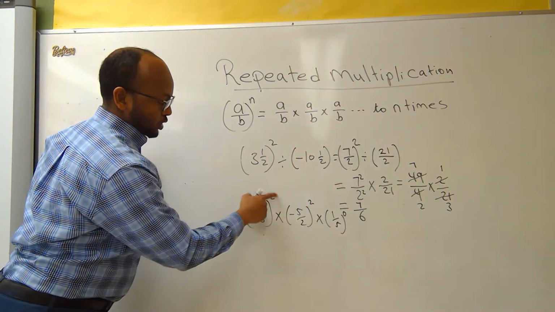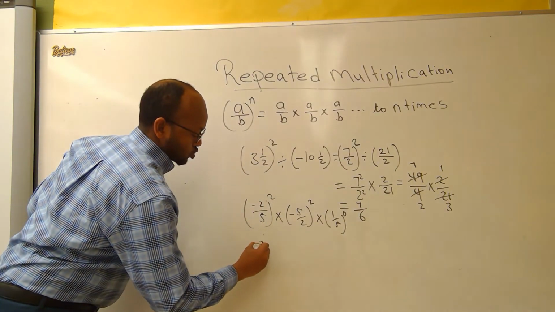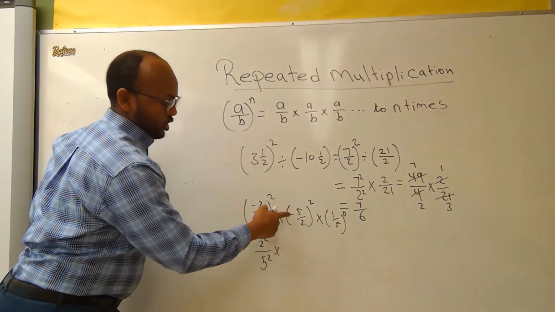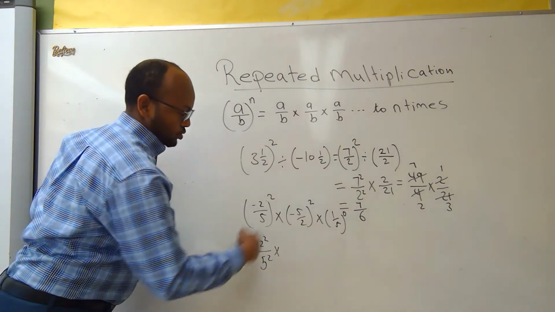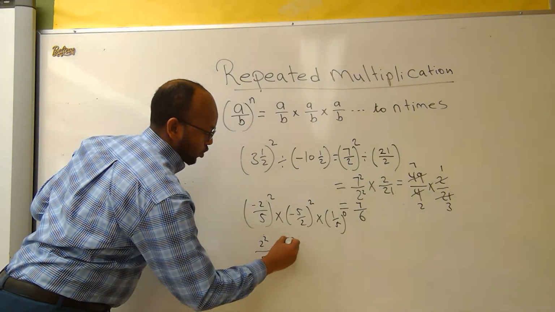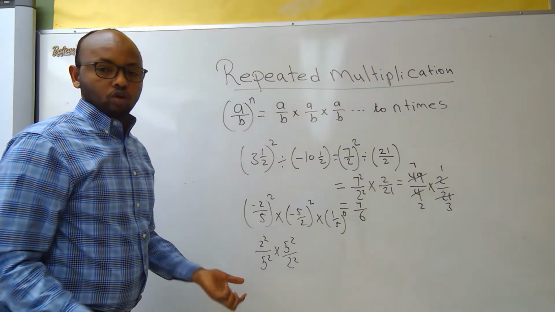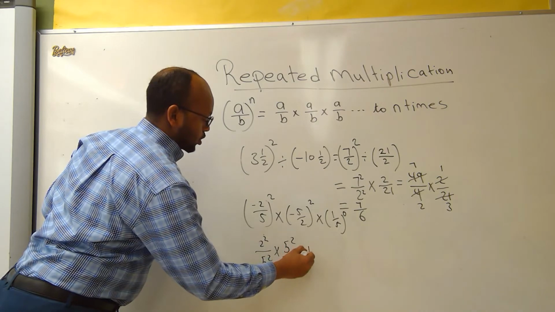It's a negative, but here is an even number, so it will be changed to positive. So 2 square over 5 square times, here same, this is a negative, but here I have an even number, so that makes sense, 5 square over 2 square. How about here? 1 over 5 power 0. Any number power 0 is 1, it is gone. So we can say times 1 if you want.